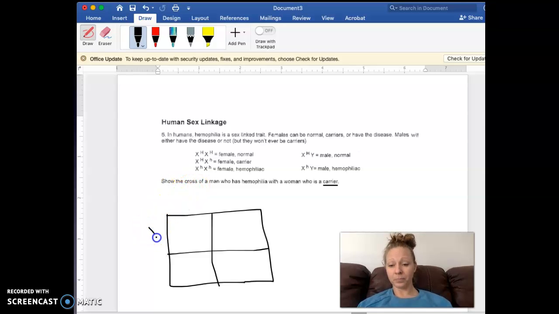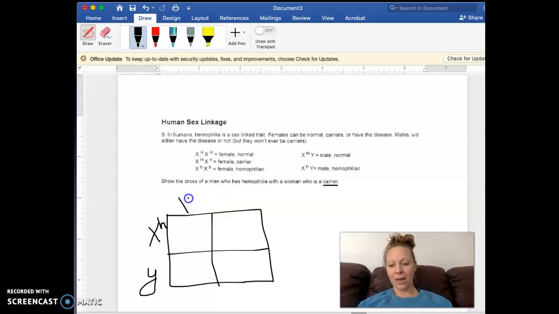So a man is going to have an X and a Y chromosome. And the man has hemophilia. So that means he has the unhealthy recessive version. But that has to be on his X chromosome because the blood clotting gene is not on the Y chromosome, so we don't put anything here. The female is a carrier.